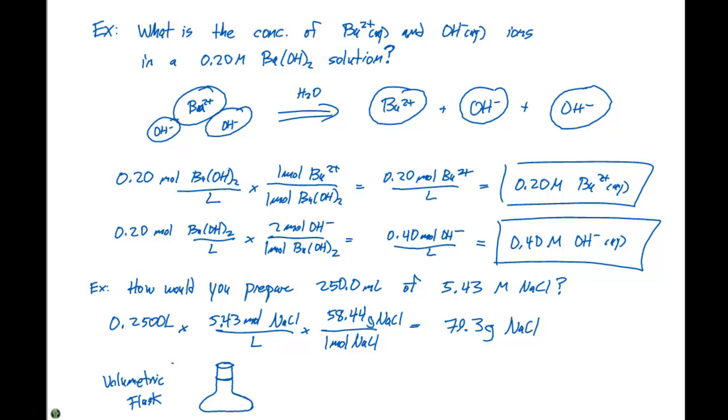If we're using a 250 milliliter volumetric flask, we can first dump 79.3 grams of NaCl into this flask and then fill to the 250 milliliter mark with water.